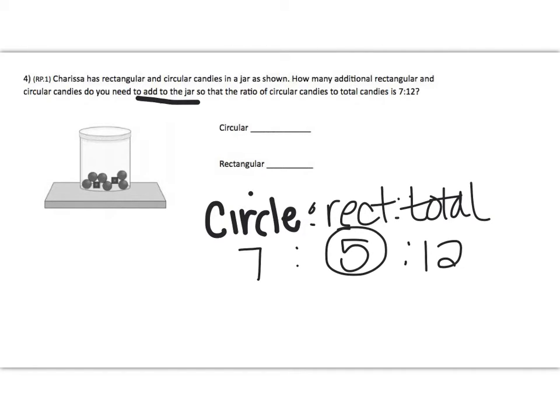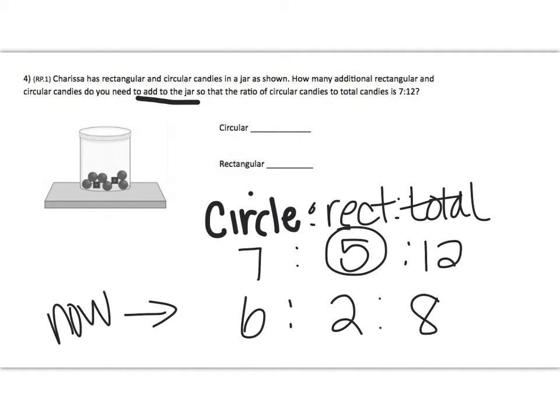So let's look at what we have now. Inside this jar, I have 6 circular candies. So right now, I have 6 circle candies, and right now I have 2 rectangle candies for a total of 8.